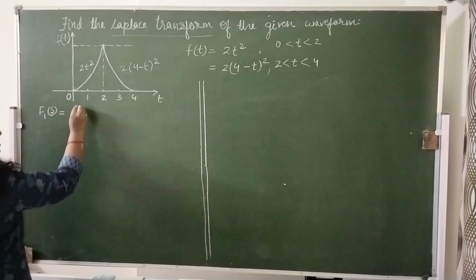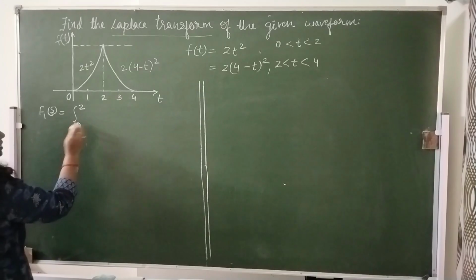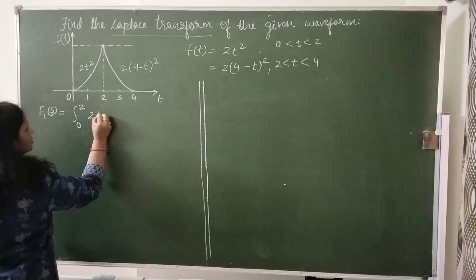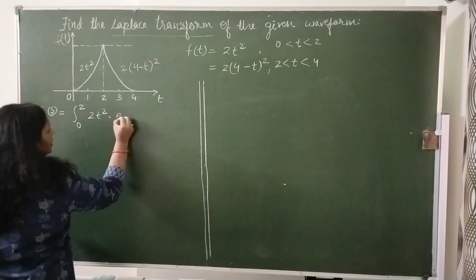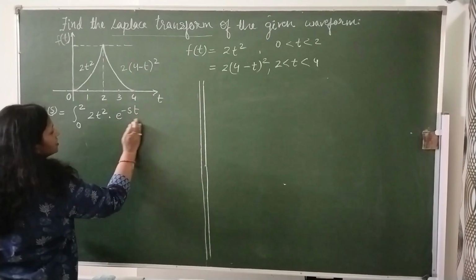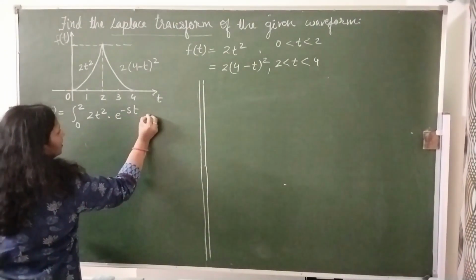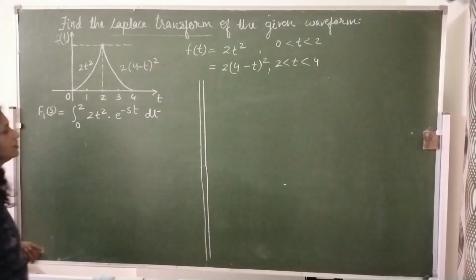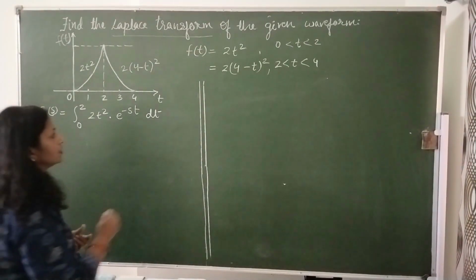For the first function, the limit is 0 to 2. Integrate this function 2t square, e to the power minus st factor will be multiplied, and integrate with respect to t.